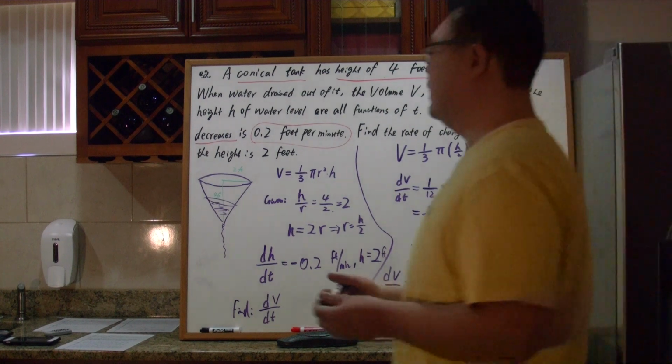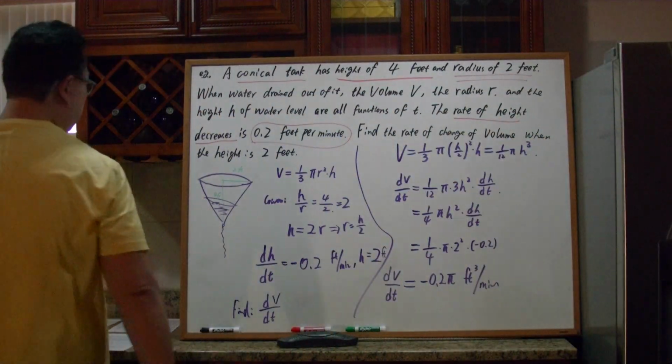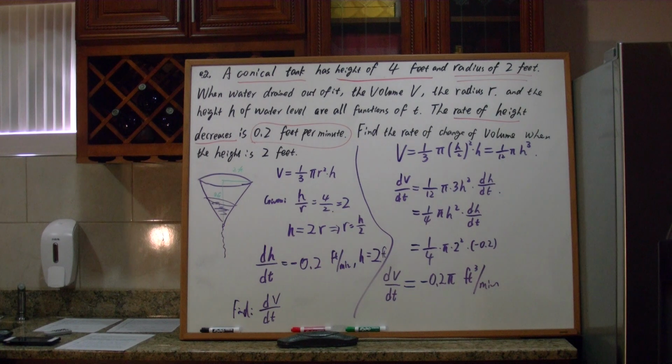If you multiply, that will be negative 0.628 cubic feet per minute, when the water remaining is still 2 feet. And the negative means the volume decreases at the rate of 0.2 pi cubic feet per minute.